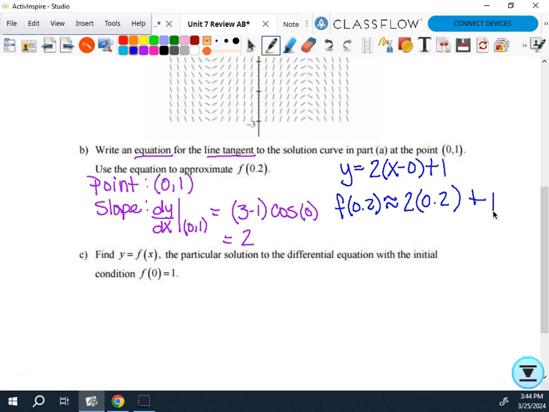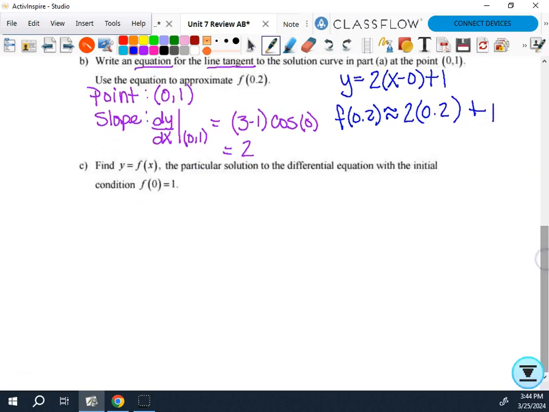Okay, so I'm going to now find the particular solution for that differential equation. So I'm going to rewrite it down here so I don't have to scroll. dy/dx equals 3 minus y times the cosine of x.